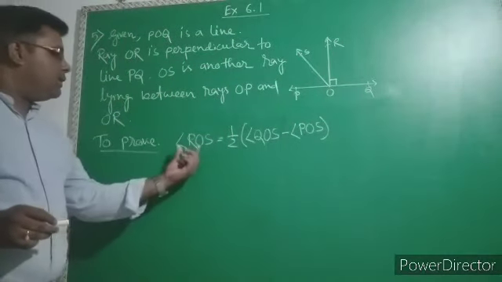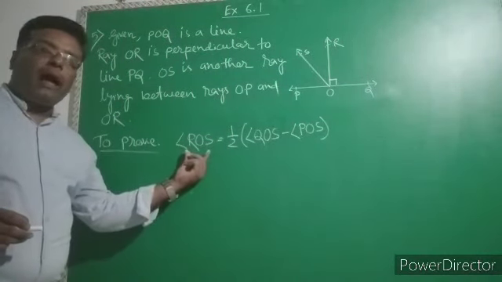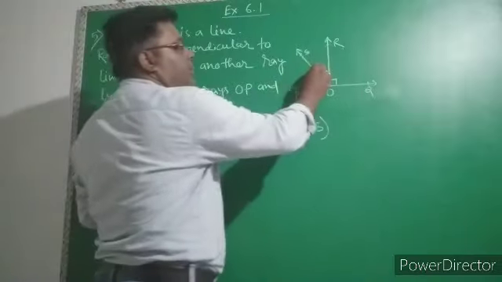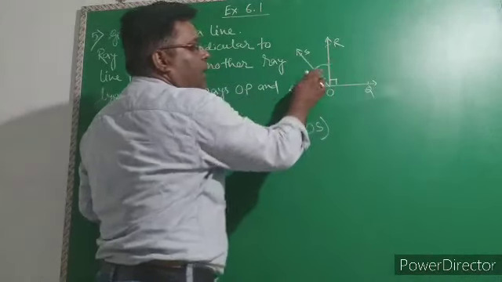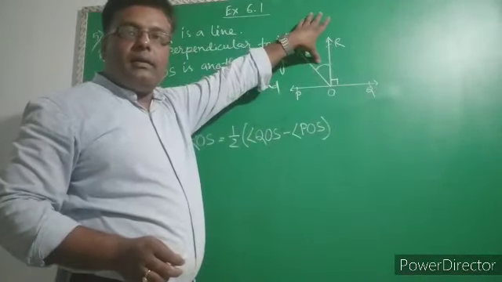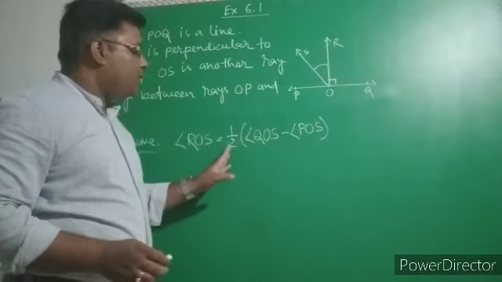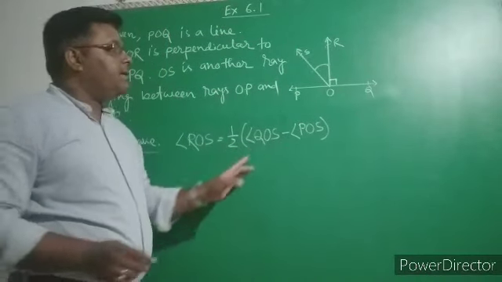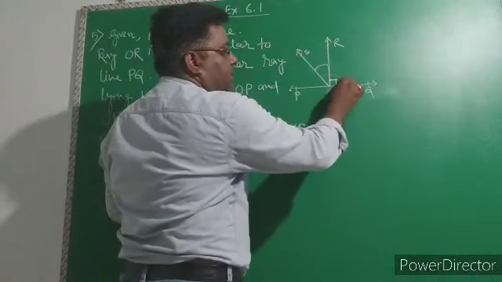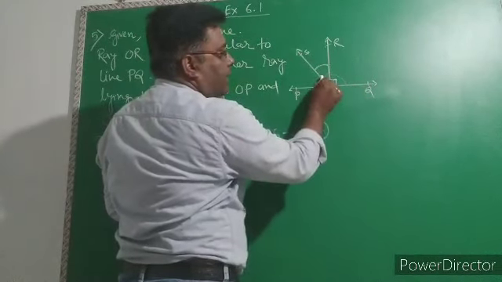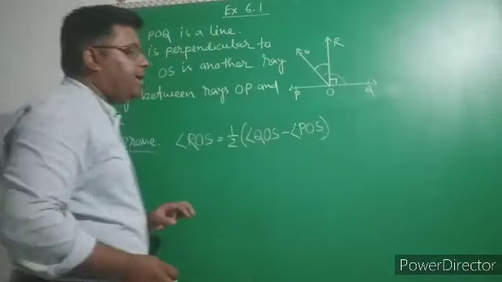Now we have to show that the angle ROS, this angle, is half of the angle QOS minus POS.